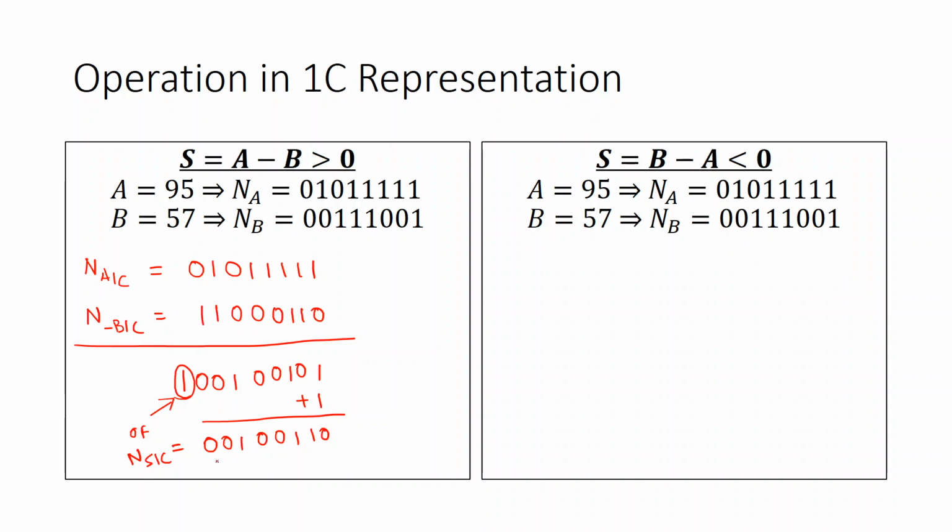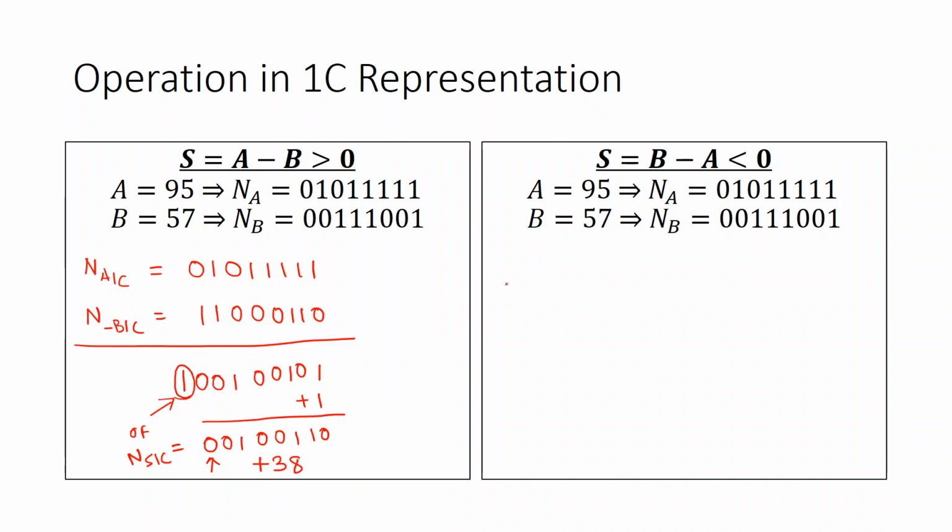Now you look at this result and you see that the MSB is 0, that means the quantity is positive, and then you evaluate the remaining parts, which gives you the magnitude. So if you evaluate this, it would come out to be 38. I hope you are now very comfortable in doing this sort of evaluation.